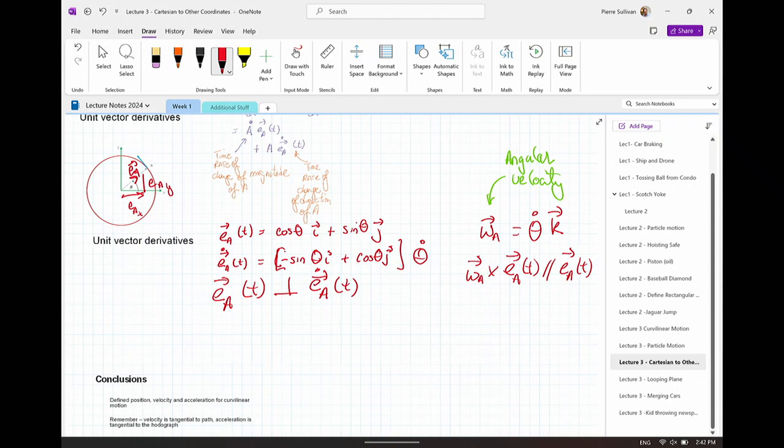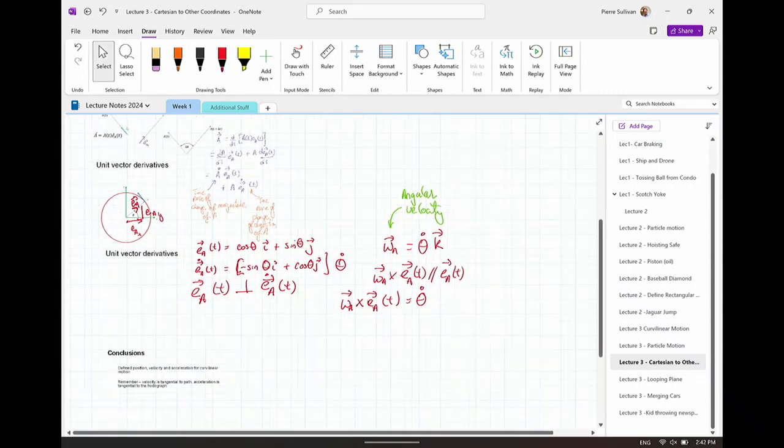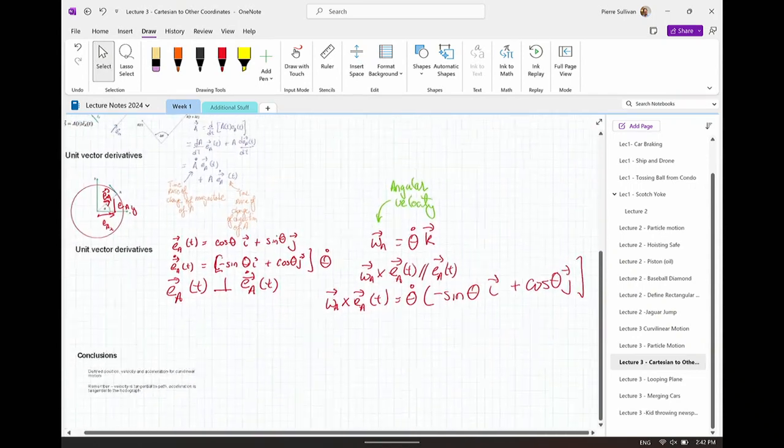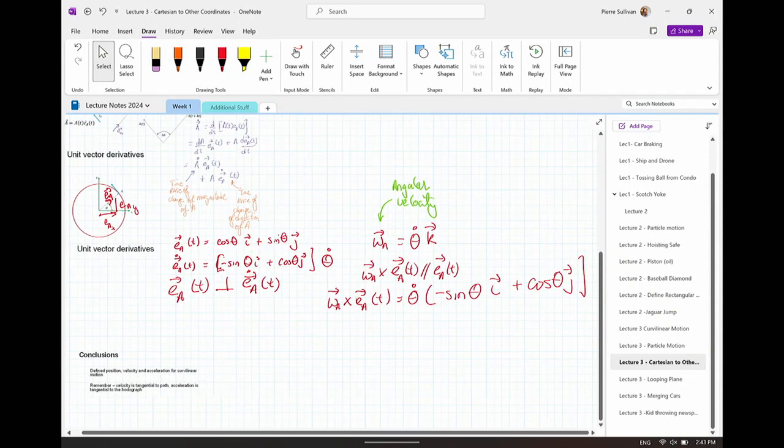So if I take the cross product of omega with the direction vector, it will also be parallel to E sub A, and this gets more useful again in chapter 5. And that's really all I want to say about it right now.